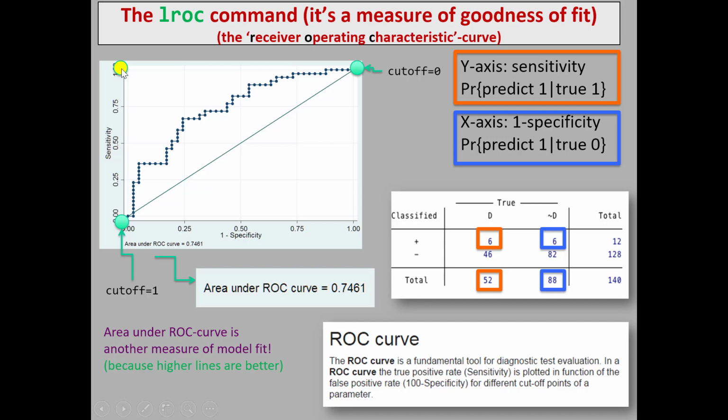Now let's see. That yellow point over here, that's actually where you want to be. So the x-axis is a mistake: I predict a 1 and the true value was a 0. So I don't want to be to the right on the x-axis. And the y-axis, that's actually what I want, to predict 1 when the true value is a 1. Great, so I want to be here.